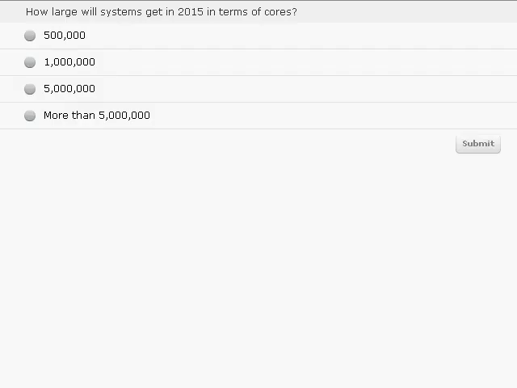Now, before I go on, another question that will help me understand where the audience is. I'd like you to quickly answer this quiz about how many cores you think a large system will have in 2 years, in 2015? And if you think that the number is under 500,000, select the 500,000. So I'll give you just a couple of minutes to look at that.